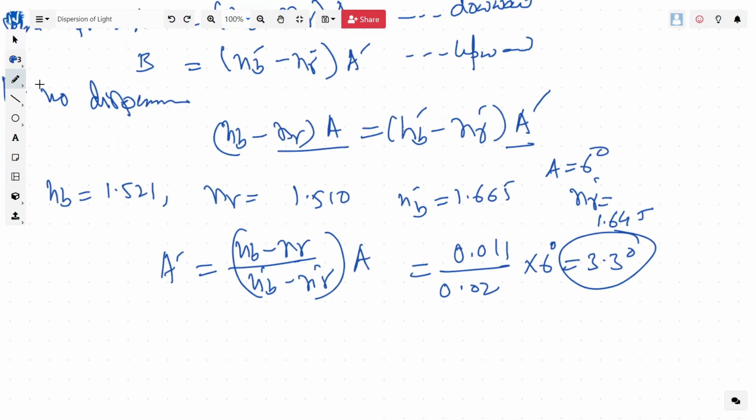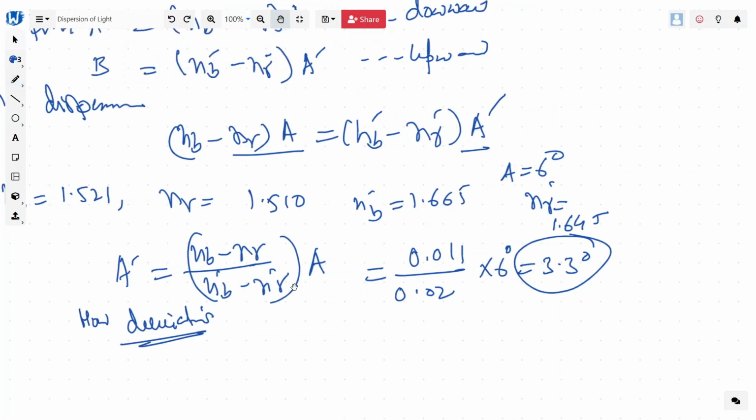Now let's find out how much the net deviation is going to be, because we haven't found that out yet. So how much is the deviation? For prism A, the deviation for the first prism is going to be (n minus 1) times A, and this deviation is downward.